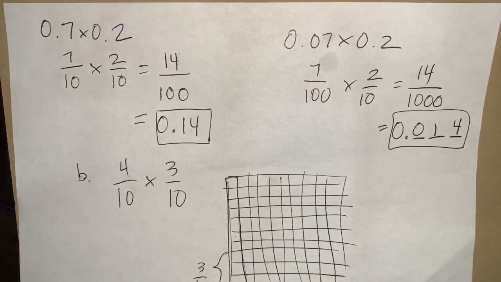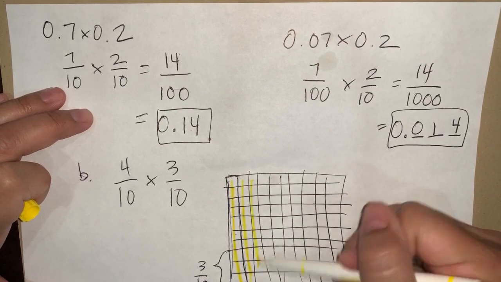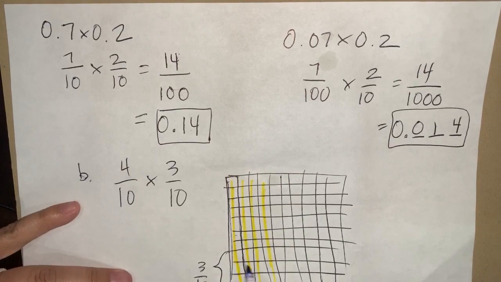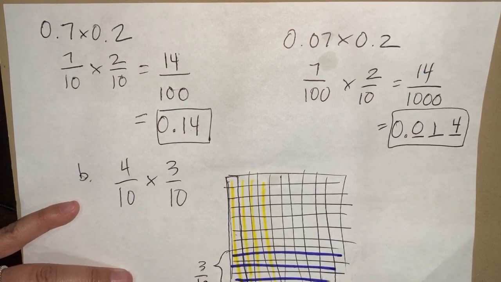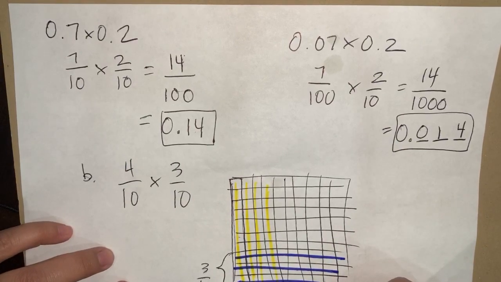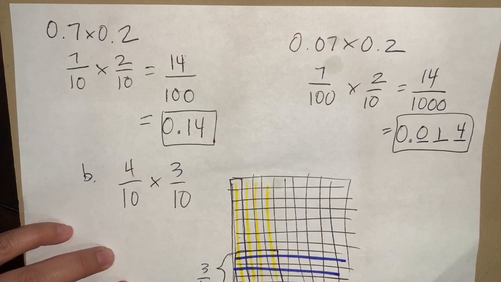Okay, I'm going to go ahead and color our 4 tenths. 1, 2, 3, 4. 4 tenths times 3 tenths. 1, 2, 3. Okay, and then we're going to count up all the overlapping. So this here is what's overlapping. So it's 3 by 4, that's 12.